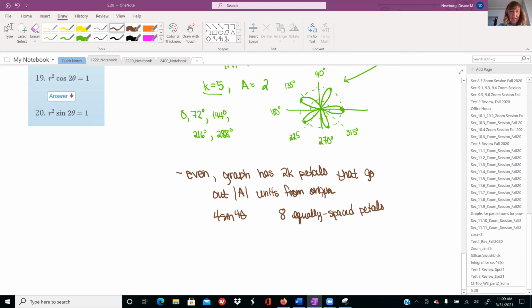But this time it's going to start at the origin. And these should go out to a circle of radius 4. So 1, 2, 3, 4.